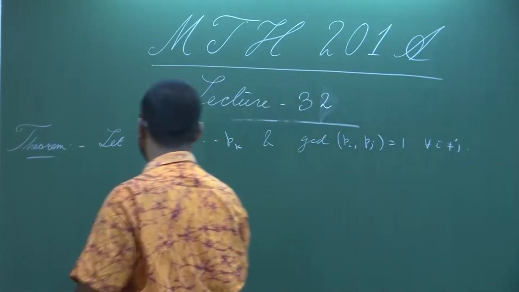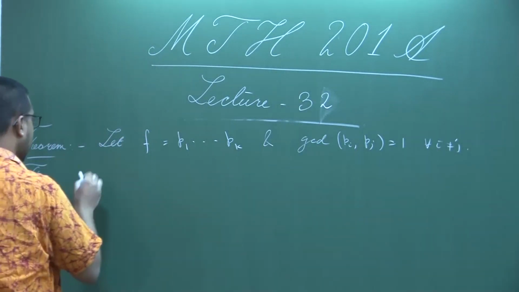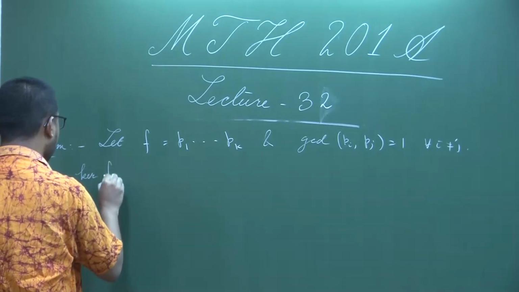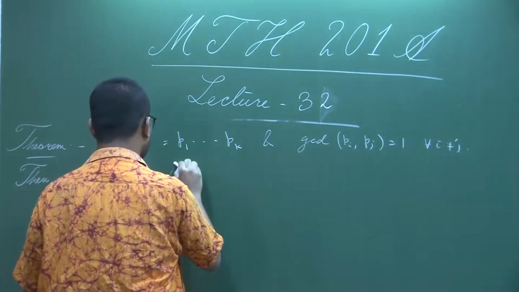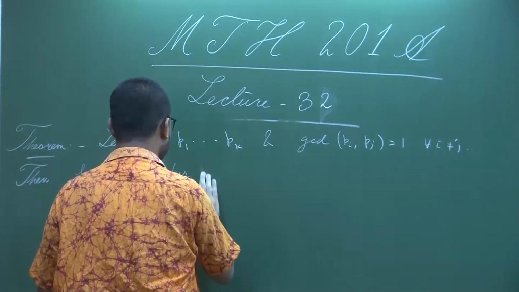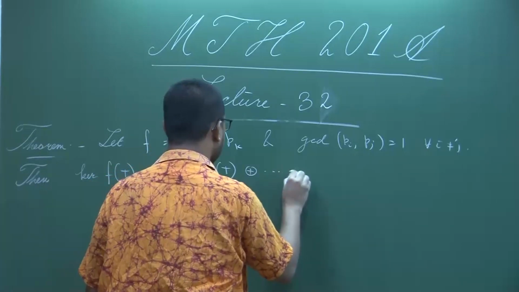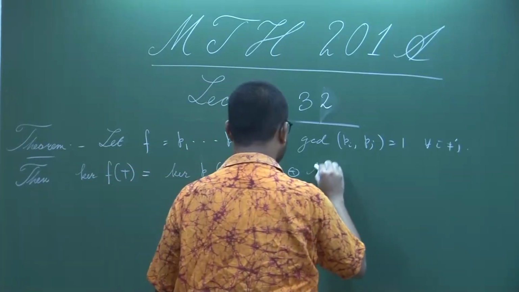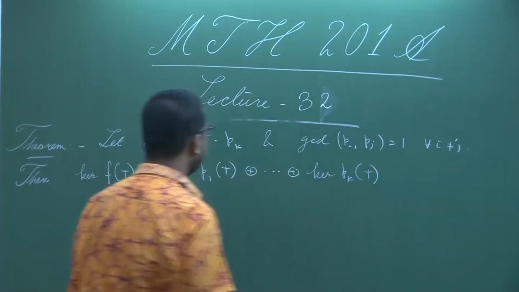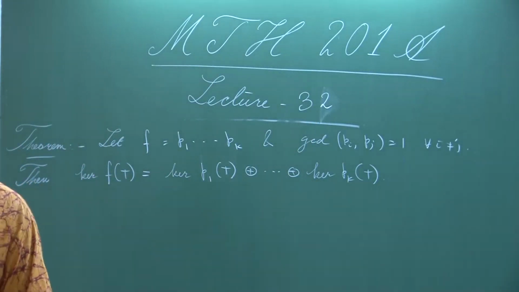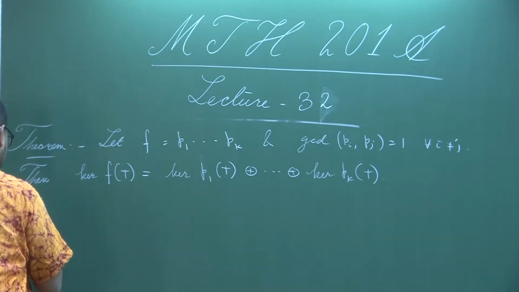Then we must have kernel of f(T) equals the kernel of p_1(T) direct sum ... direct sum kernel of p_k(T). In fact, we will prove something more furthermore.